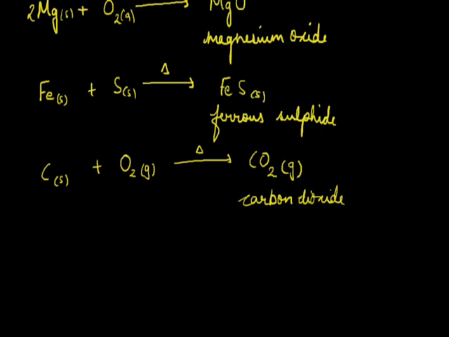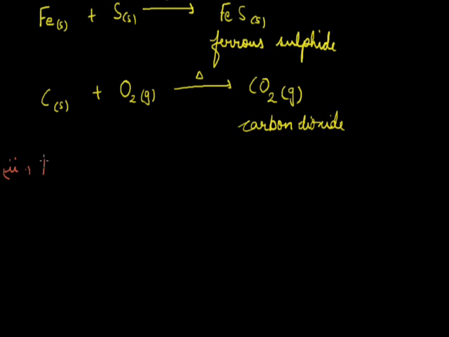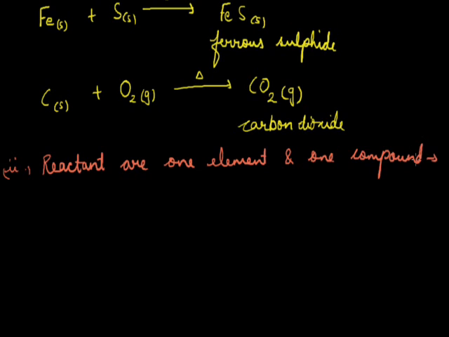The second category we'll take, that is reaction of a compound with an element. Reactants are one element and one compound. Okay. In this category we see that the reactants, they are one element and one compound.